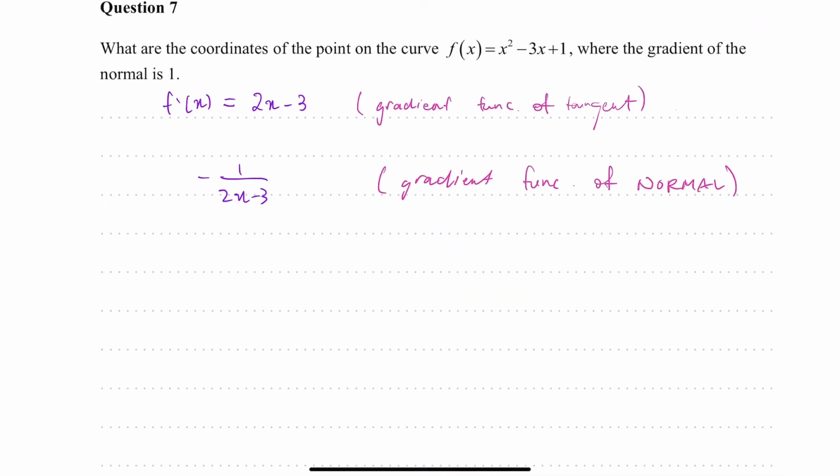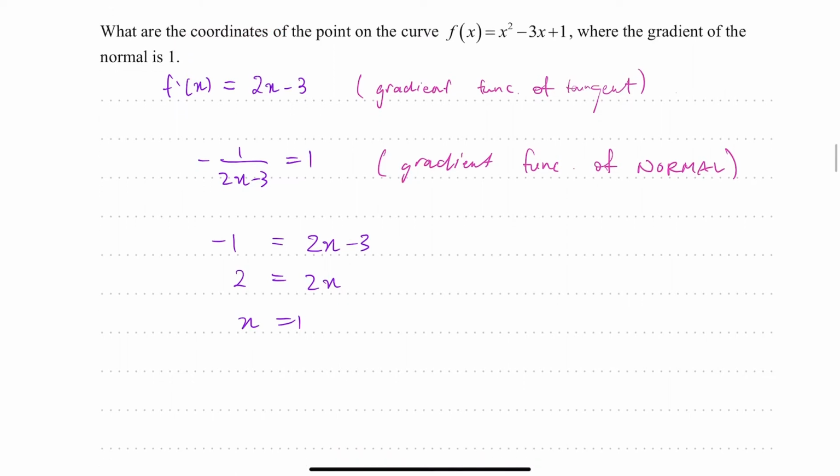So we want the gradient of the normal to be 1. We've got the gradient of the normal here, and we want this to be 1. Let's simplify. I'm going to multiply the denominator to the other side and solve this. Add 3 to both sides, and we get x equals 1. Now make sure to read the question carefully. It says, what are the coordinates of the point?